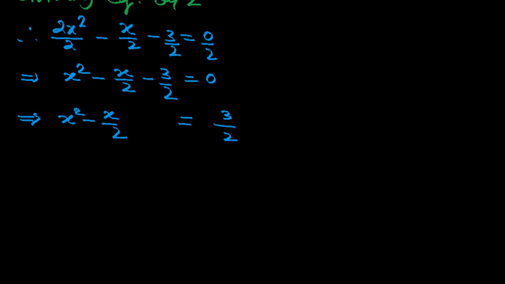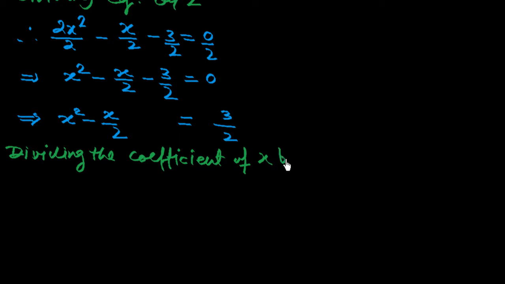Now, dividing the coefficient of x by 2, we always divide by 2, and make the square of it.